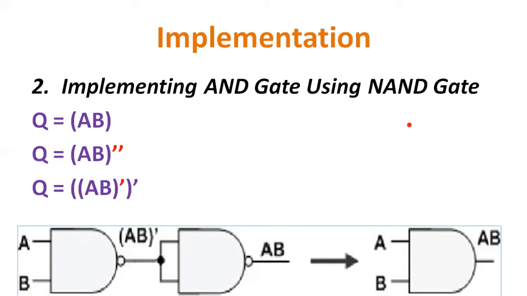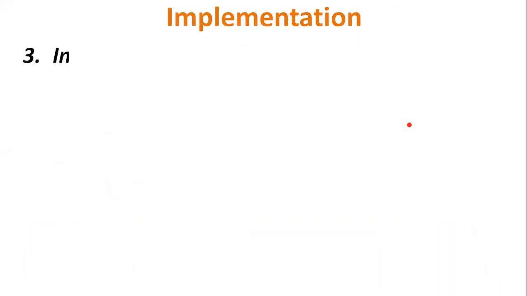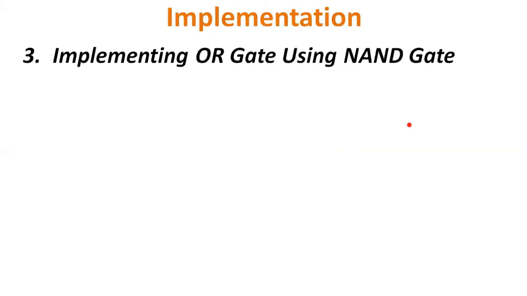Then the third implementation is we have to implement the OR gate using NAND gate. So what is the output expression of the OR gate? Yes, if any input is 1, then the output is 1, that is right.